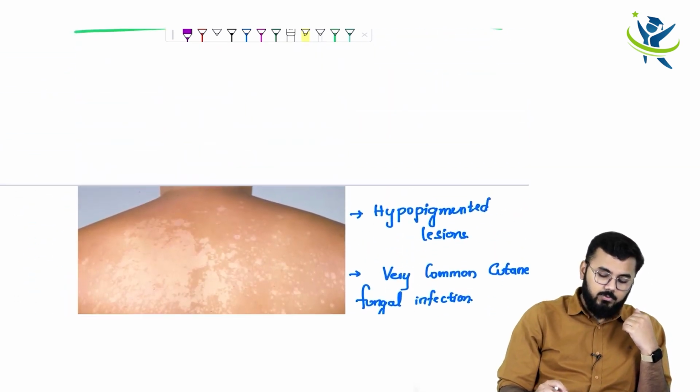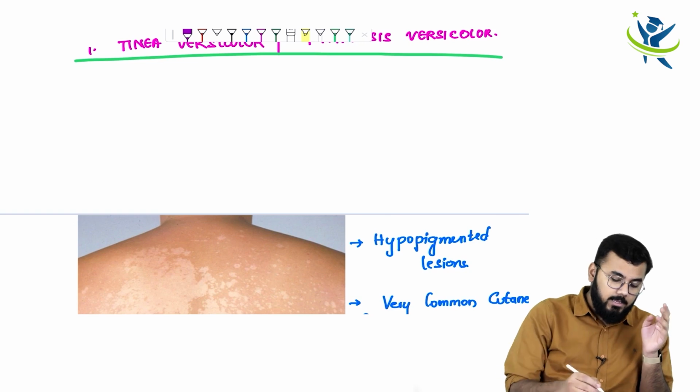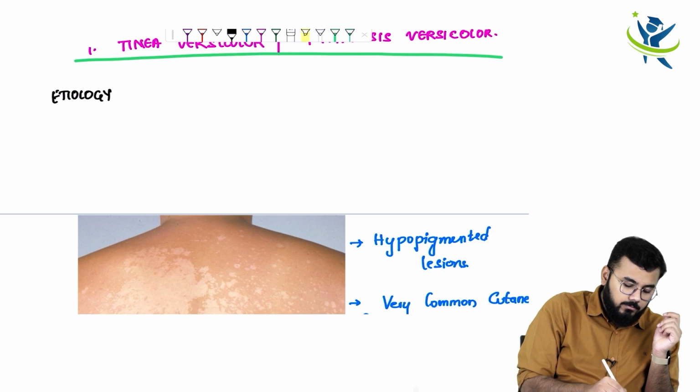So Pityriasis versicolor or Tinea versicolor is not an organism, it is a disease, right? So what is the causative agent? What is the etiology of this disease?